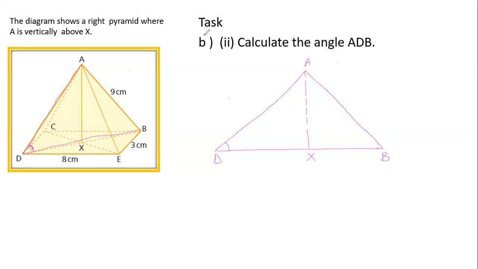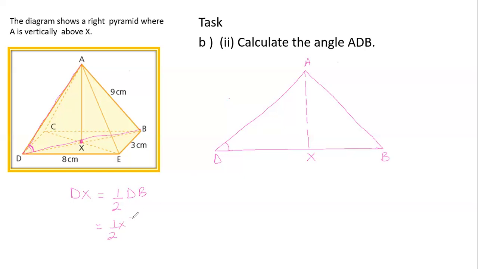Some are saying no. How is DX related to DB? It is half of DB, because X is the midpoint. But do we have D to B? Yes. What is our D to B? It is 8.54.